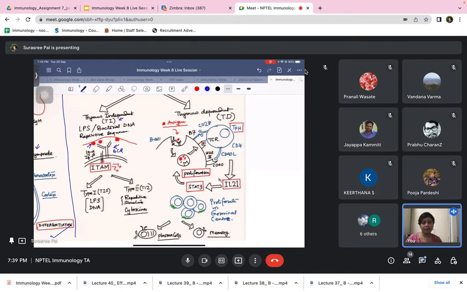Then there is a signaling that takes place, the signaling that I was telling you about, Ig alpha and Ig beta, right? So once this BCR binds to the antigen on the cell surface of the pathogen, these antigens can be LPS, lipopolysaccharides, which are present on the cell surface of bacteria, or it can be the bacterial DNA fragments.